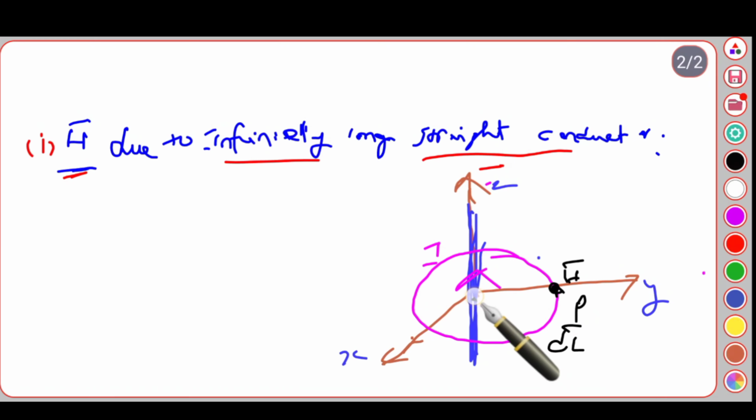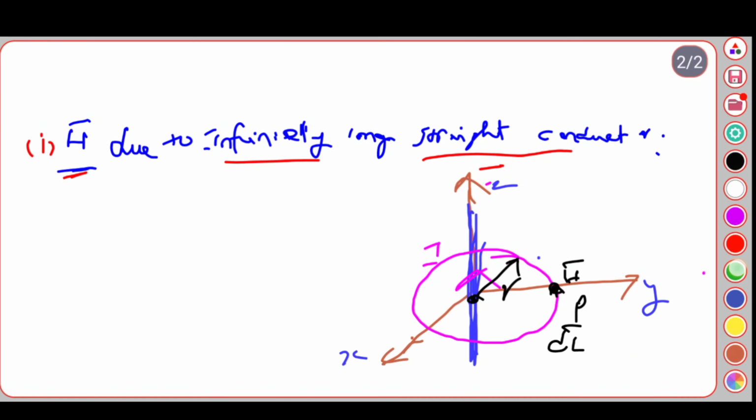The radius of the path is r, from the origin. Hence P is at a perpendicular distance r from the conductor. The point P is located here, and that is also the radius.